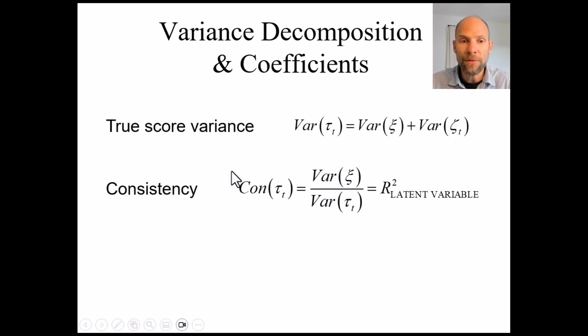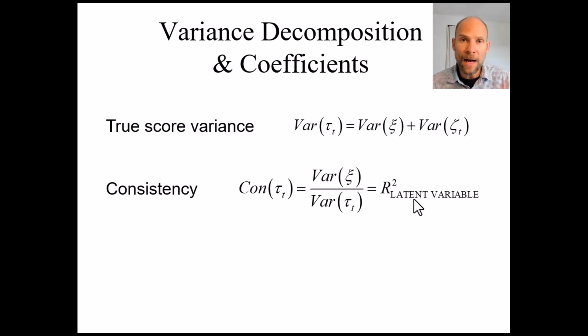And so this coefficient, the consistency coefficient, is equal to the R-squared for the latent variable that you can obtain, for example, in Mplus when you run such a model as a second order factor model. As we will see, Mplus will give you an R-squared for the first order factors, and so that R-squared is equal to consistency and gives you the proportion of true score variance that is trait variance.